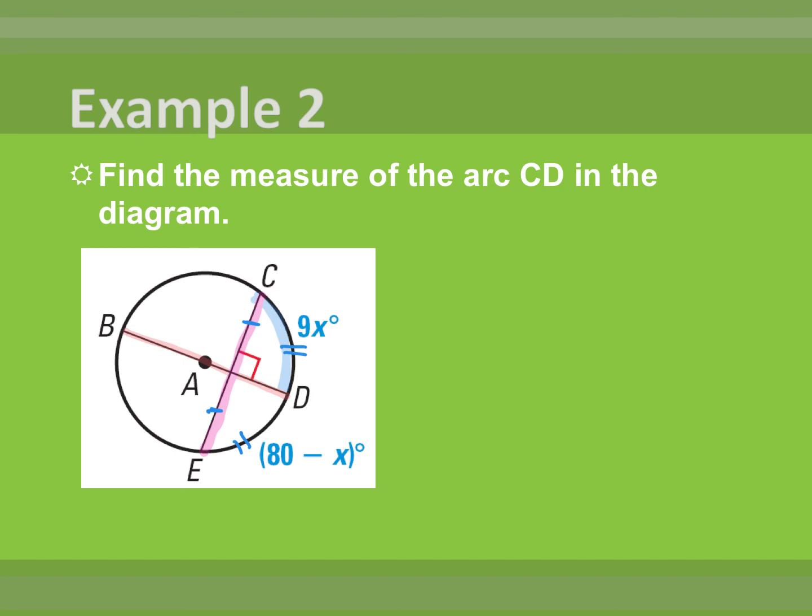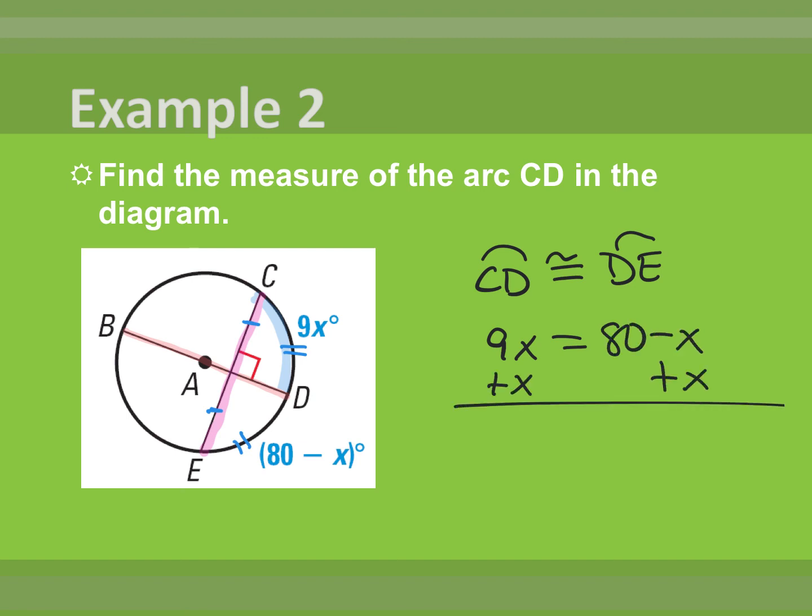So in order to find x, I'm going to know that arc CD is congruent, or equal, to arc DE. So I'm just going to set 9x equal to 80 minus x, add the x, 10x equals 80, divide by 10, x equals 8.